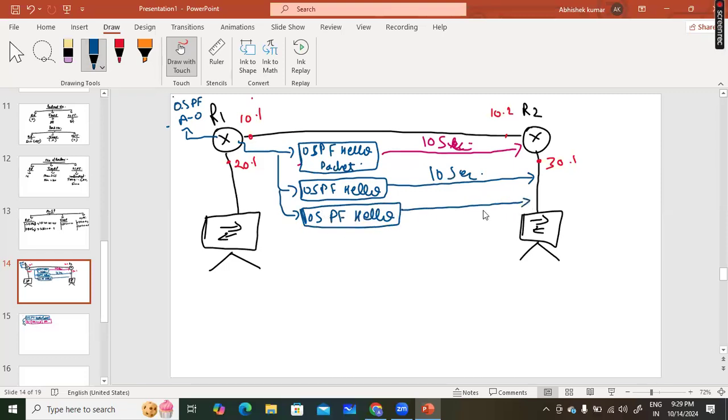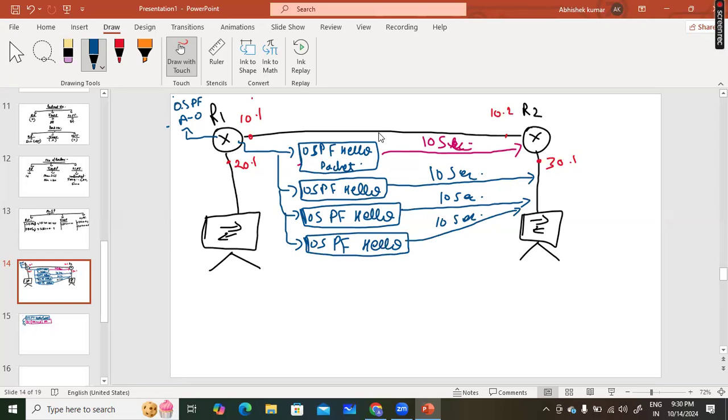Any reply till now? Will router 2 reply? No. Again generate an OSPF hello. Now wait for 10 seconds. Will router 2 reply to this?